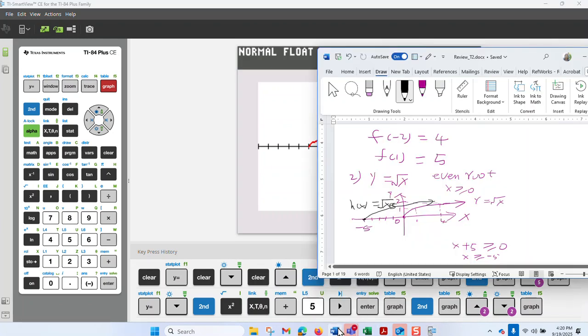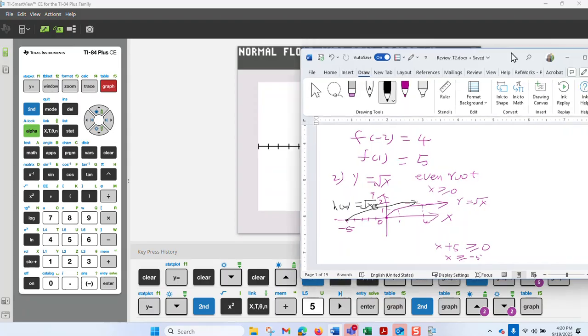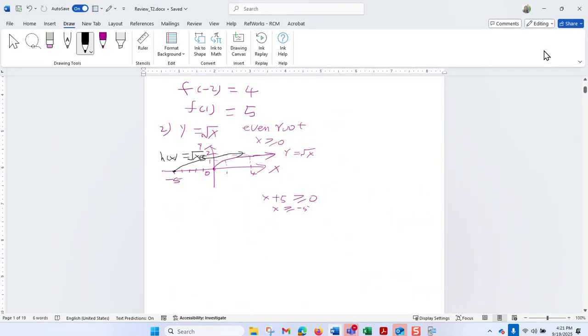You can put it in a calculator and compare them. If I ask the domain for this one right here, it will be from 0 to infinity. The domain for h of x will be from -5 to infinity.